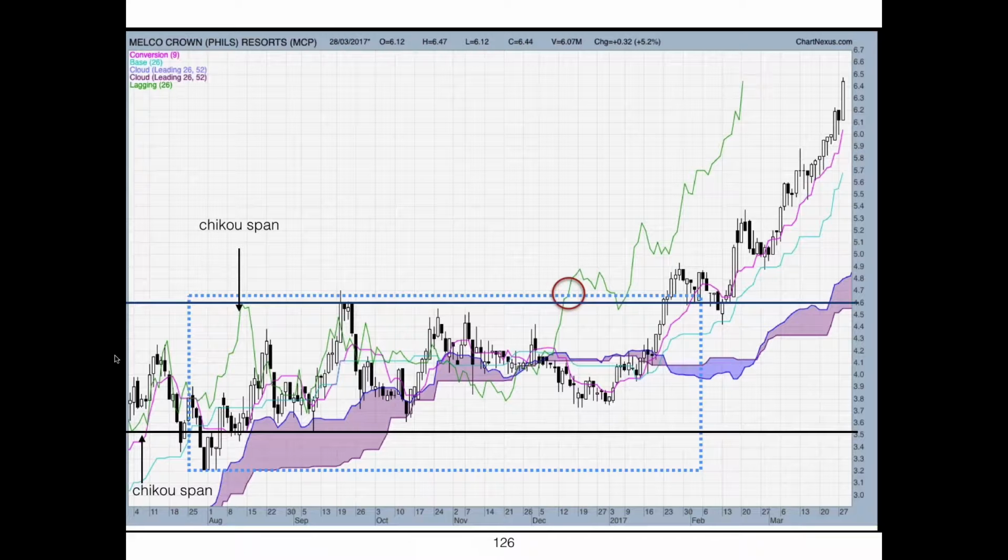Now, when the Chikou span finally broke out of its range, we know that the trend is about to shift from sideways to up. The Chikou span represents prices 26 periods back, so we count forward to know at what price MCP was when the Chikou span crossover happened.